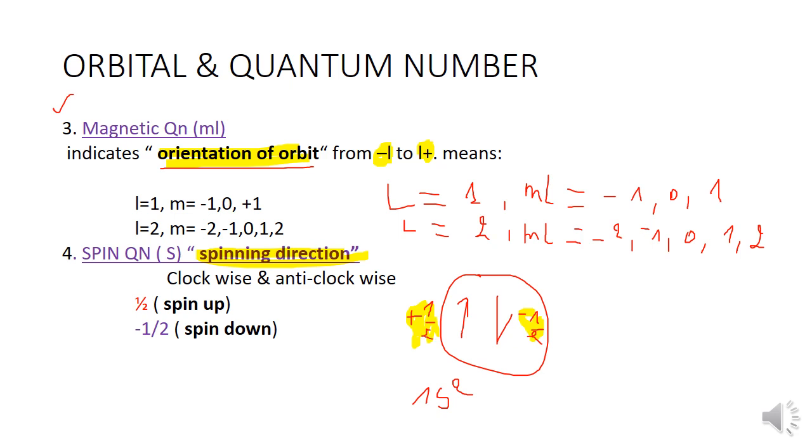This is the spin quantum number, the spin direction. Spin up is clockwise, whereas spin down is anti-clockwise. Those are the quantum numbers for a given electron in an atom.